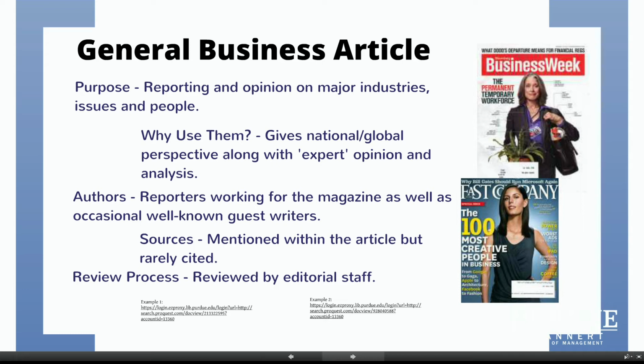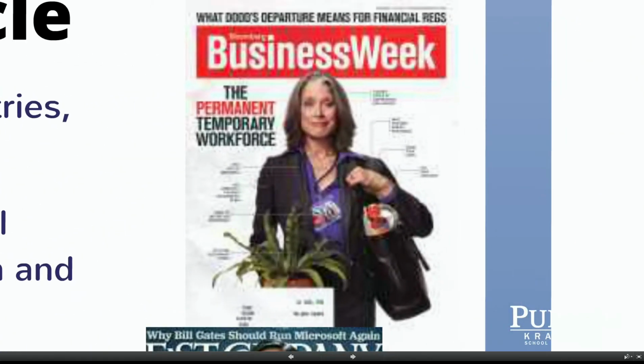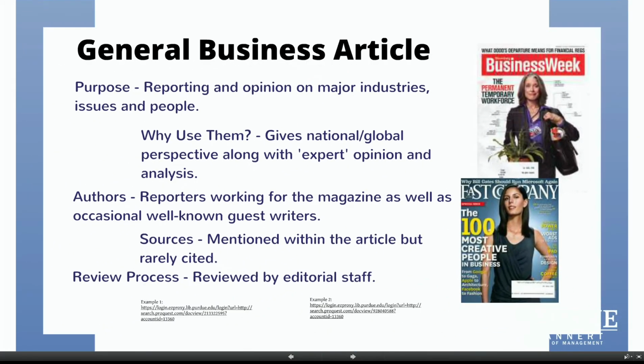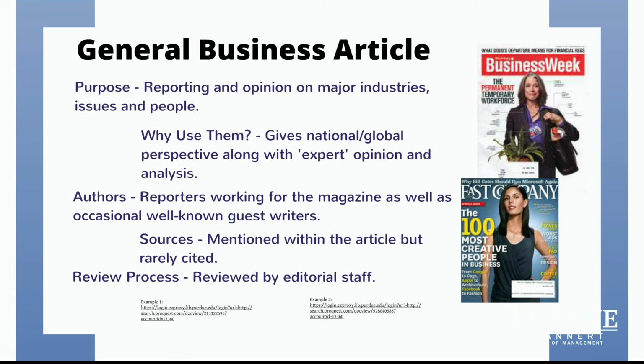Finally, there's the general business article. The general business article is a source of information from a major business magazine like Business Week, Fortune, Forbes. They will cover major industries, big international, national issues. They will cover very important people who are impacting the economy, major industries.